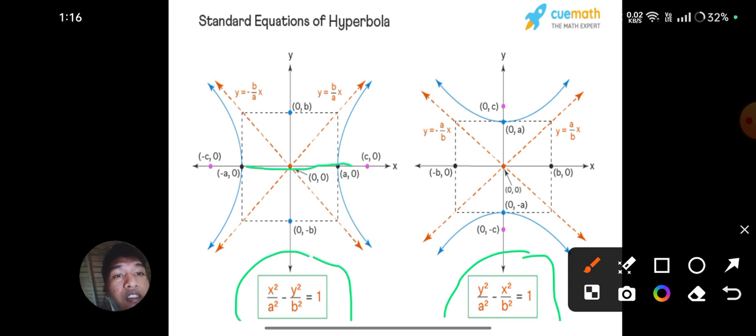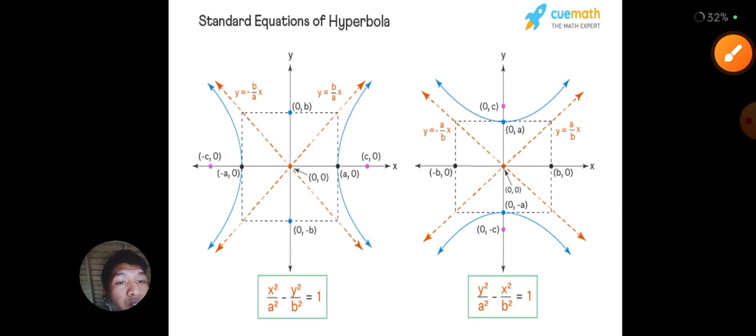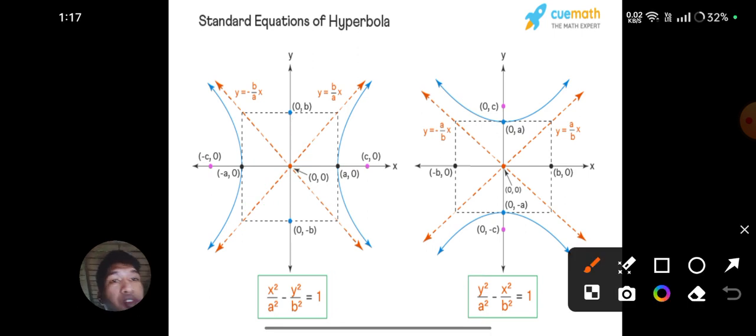Assume that a is 6, this is 6 here and 6 here, and b is 4, 4 here and 4, and this is 6 and 6.